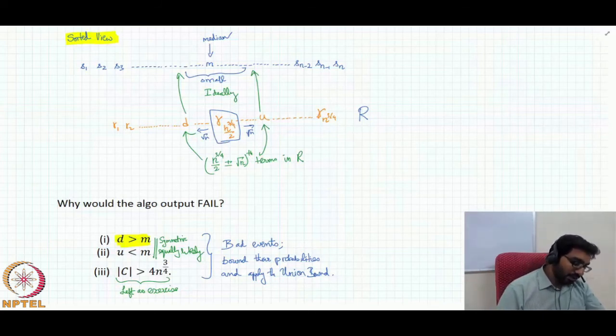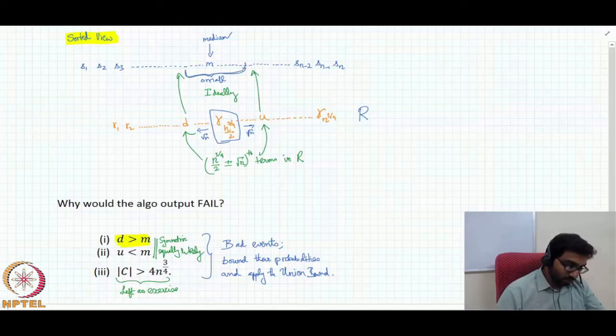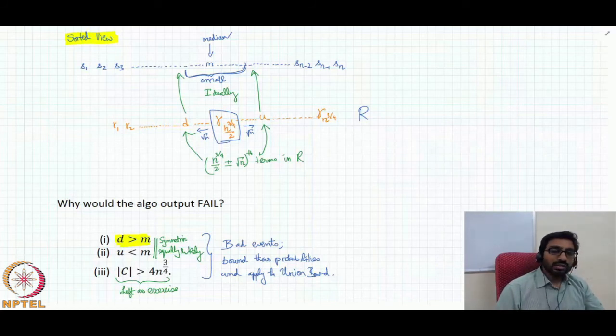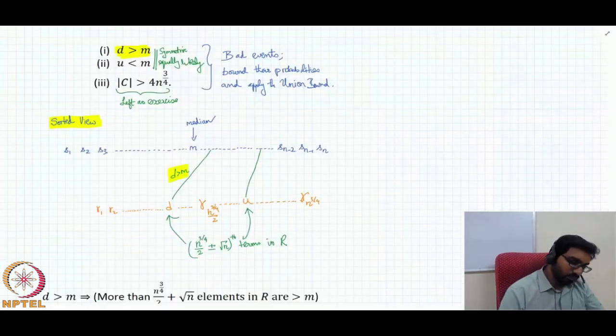And of course, the third bad event is that the set C, the elements in S between D and U, has cardinality that is more than 4n to the 3/4. So these are the three bad events under which the algorithm is going to output fail. And we want to ensure that these three bad events occur individually with very low probability, and then we simply apply the union bound to say that even collectively they have low probability.